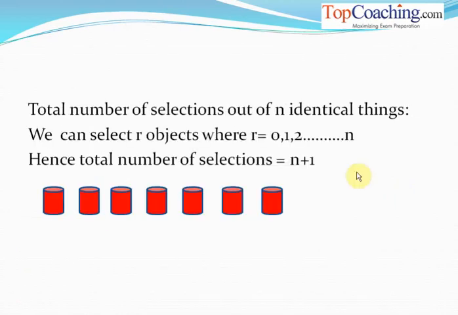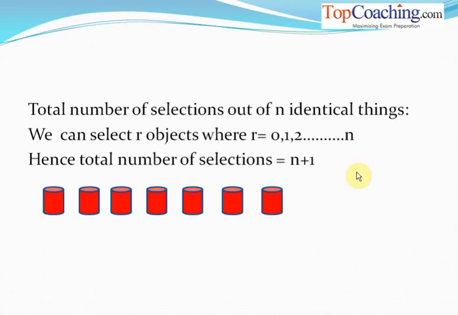Now, this time we are trying to find the total number of selections out of n identical things. That is, we have n identical things and we want to find the total number of ways we can select them. We can select r objects in this case, where r is equal to 0, 1, 2 up to n. Hence the total number of selections is equal to n plus 1.